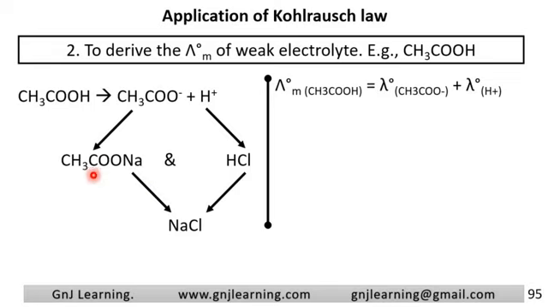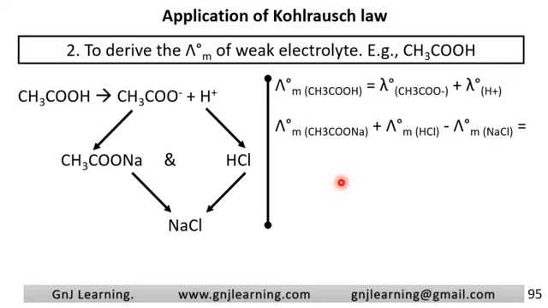Now what he did was a calculation like this. Lambda M0 of CH3COONa, he added its lambda M0 with HCl. Then he subtracted lambda M0 of NaCl. What happens? I am going to split. As Kohlrausch said, this lambda M0 is a contribution of these two ions, this is a contribution of these two ions, and this is the contribution of NaCl.